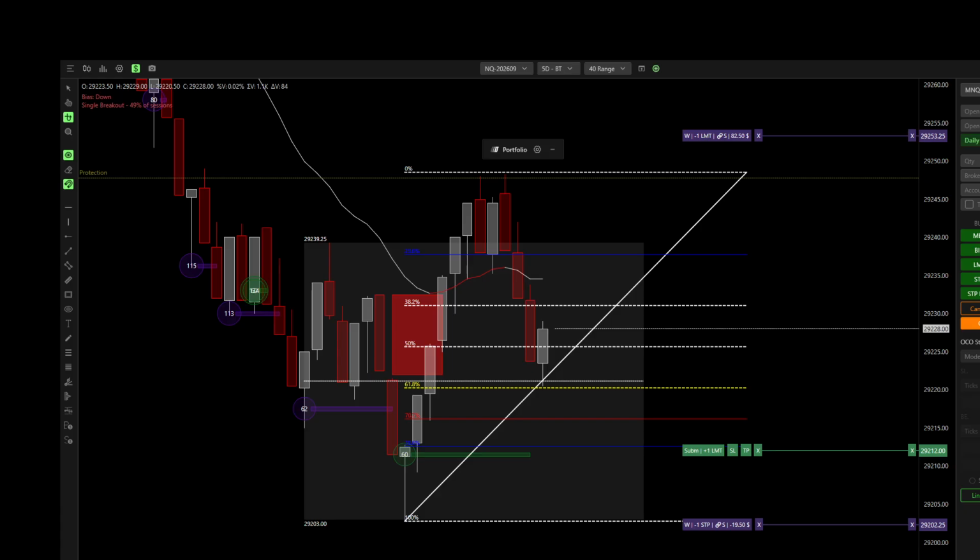I mean, there's nothing down here. Look at this, it's just nothing. There's nothing here, except this fractal right here, and this fractal, and this fractal.